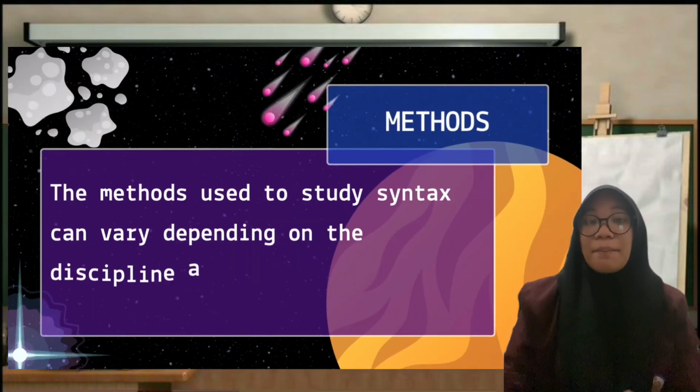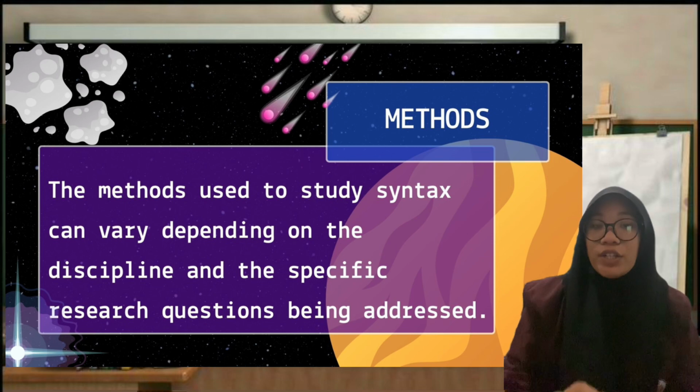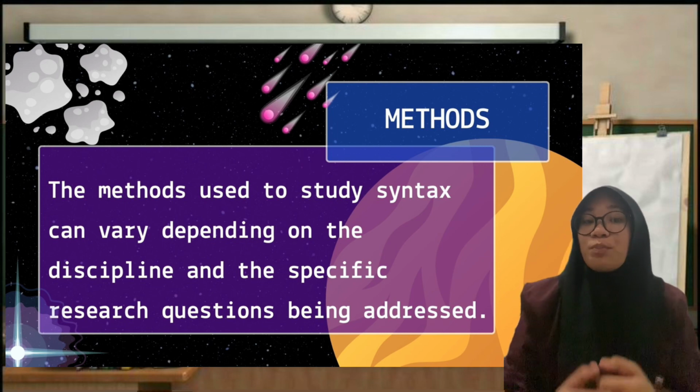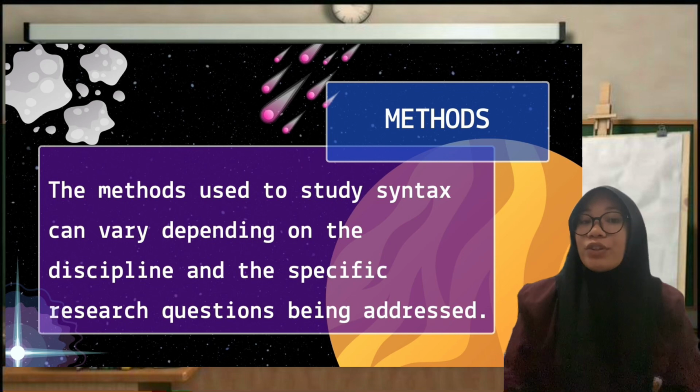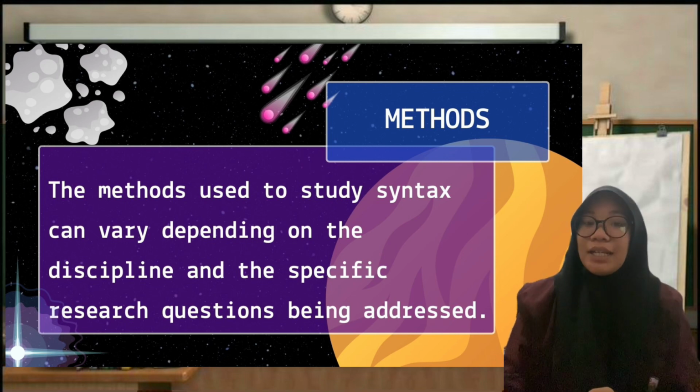The next, the method. The method used to study syntax can vary depending on the discipline and the specific research question being addressed. In linguistics, methods may include analyzing the structure of sentences in a corpus of text or conducting an experiment to test hypotheses about the relationship between syntax and meaning.